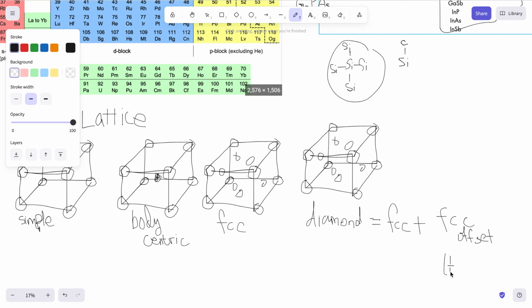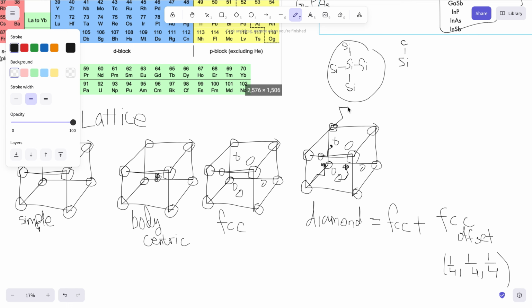So looking at the diagram, you can think of it as there's an atom here. Well, then there's another atom also here, because that's an atom offset by 1/4. Similarly, here there would be another atom right here, because that's the same face-centric atom, but offset by 1/4. Here there would be another one that occurs up here, and likewise for all these atoms.